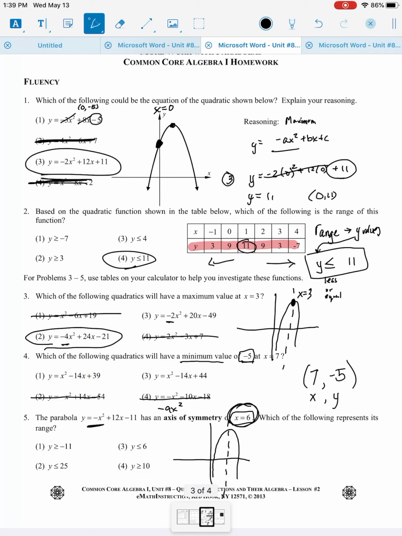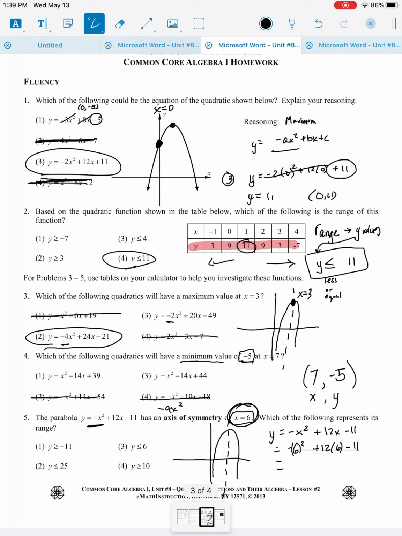So now, let's take our equation, and we're going to substitute in 6 for x. And you'll see this works out very nicely. Put parentheses around that.